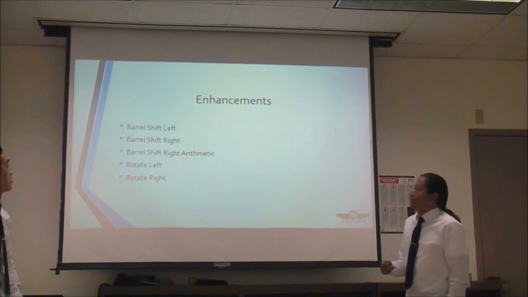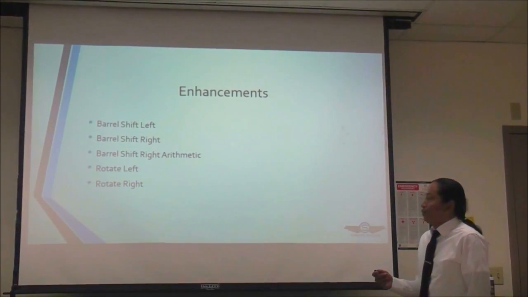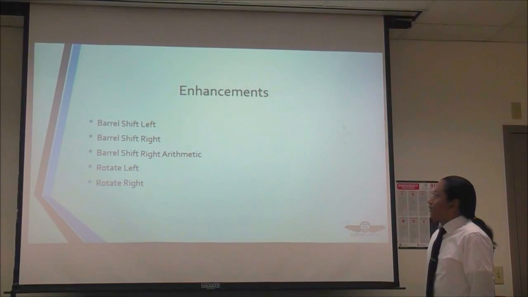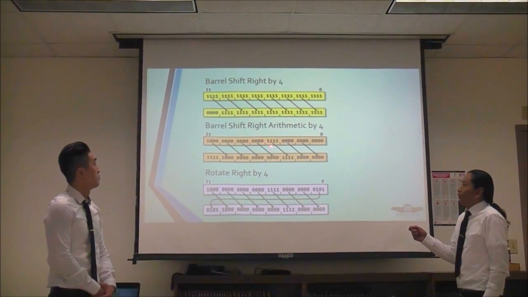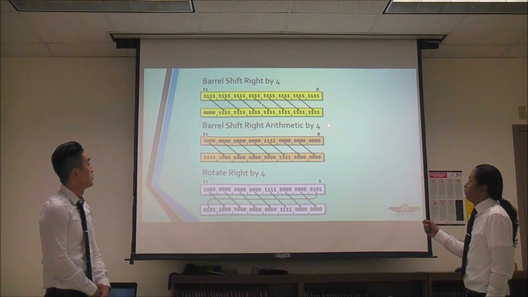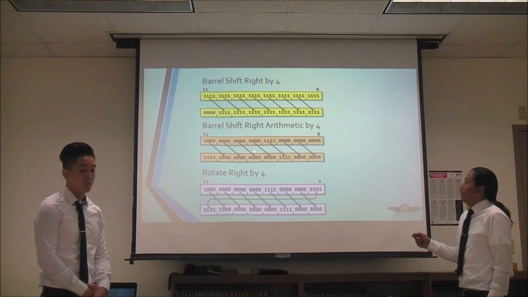So for enhancements, we did barrel shift: barrel shift left, barrel shift right arithmetic, rotate left, and rotate right. Here's some examples. Barrel shift right by 4: you just shift over 4 zeros in, and you take out the last 4 digits and move everything else over by 4.